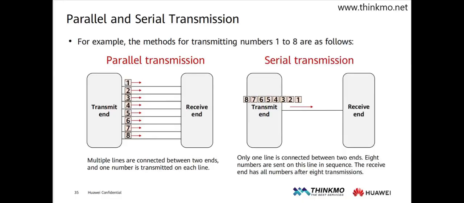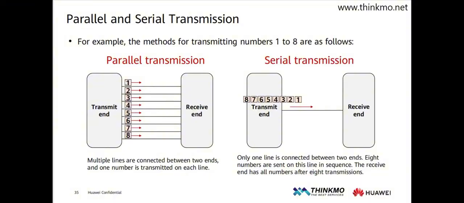Here, we will specifically introduce parallel transmission. First of all, the working principle of parallel transmission is that our sending end will split the data according to a certain method. It sends them separately to the corresponding lines, while the receiving end simultaneously receives the data from these lines and combines them to restore the original data.